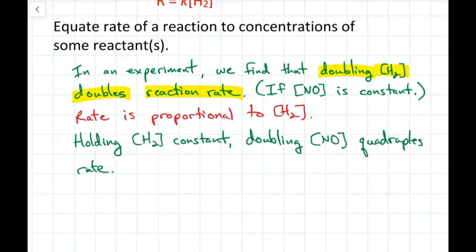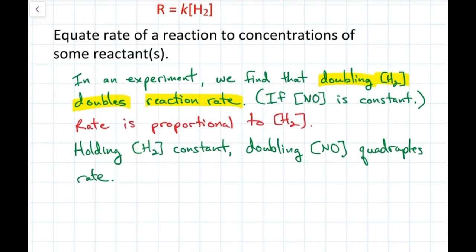So what does that mean? Well, essentially what we're saying then, and I can now write a rate law for NO. Rate is proportional to, and again I'm just going to use that lowercase k as a proportionality constant. It's not just proportional to NO, but as NO doubles, rate goes up 4 times. So essentially what we're saying is 2 to what power equals 4, right?